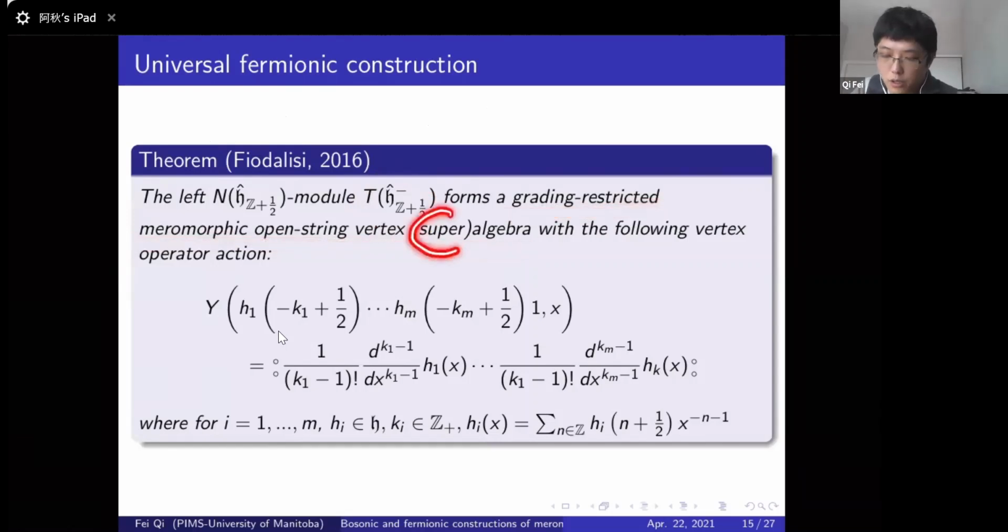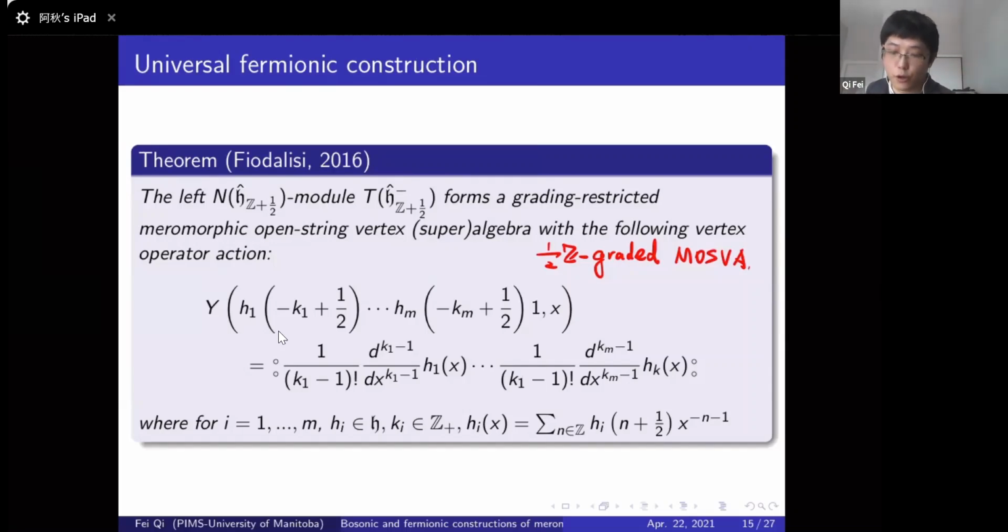I will probably call it, we haven't decided what to call it yet, because it's actually the non-commutative generalization of a vertex superalgebra, but in my opinion, it's more appropriate to call it a 1/2 graded meromorphic open string vertex algebra. We haven't finished writing everything down yet, so just computations now. We will think about the terminology a little bit later.